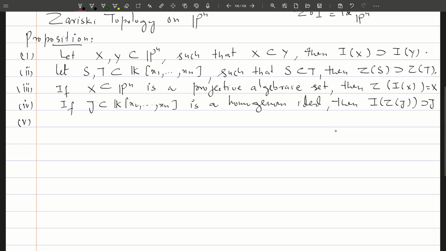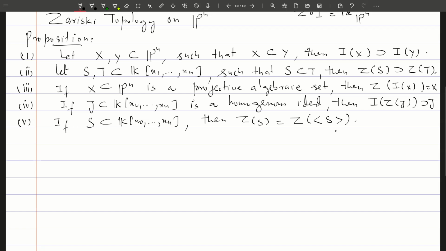Then we have the fifth item. It says that if S is just a subset of the polynomial ring, then the zero set of S is the same as the zero set of the ideal generated by S.